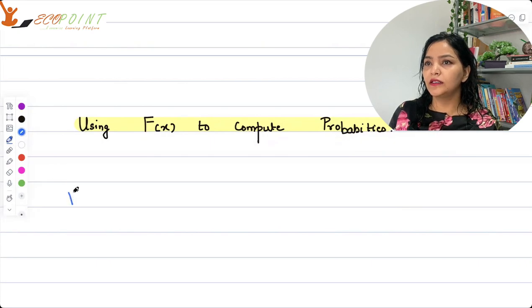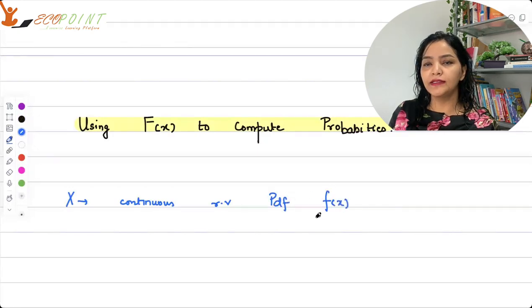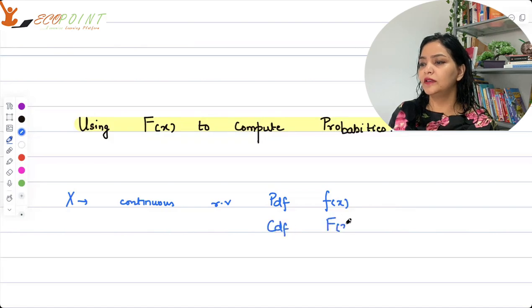Let X be a continuous random variable, say with PDF, lowercase fx as usual, and CDF, the capital FX.